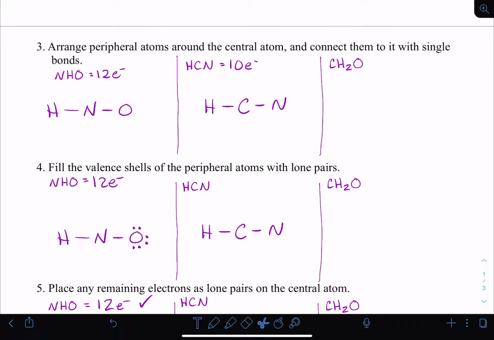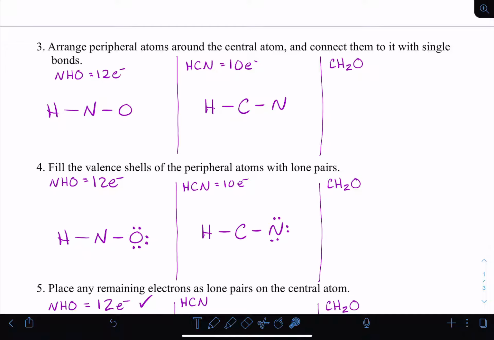And then in step 4, we'll fill up our peripheral atoms. Hydrogen is all set with its 1 bond, but nitrogen needs 3 lone pairs to get up to 8. So at this point, we have our 10 electrons. We have 2, 4, 6 from those 3 lone pairs, 2 and 4 from the 2 bonds, 6 and 4 is 10.